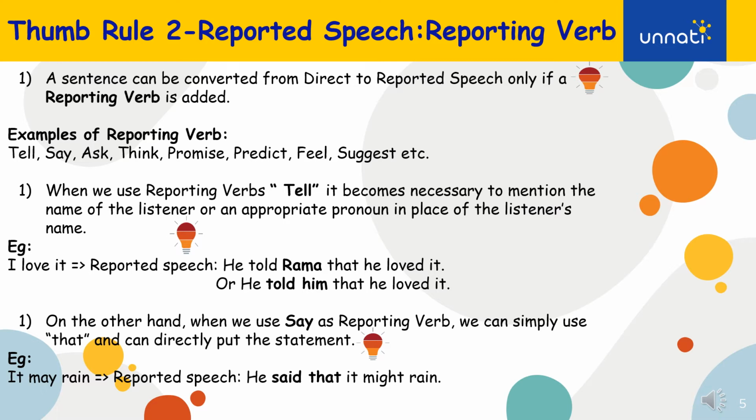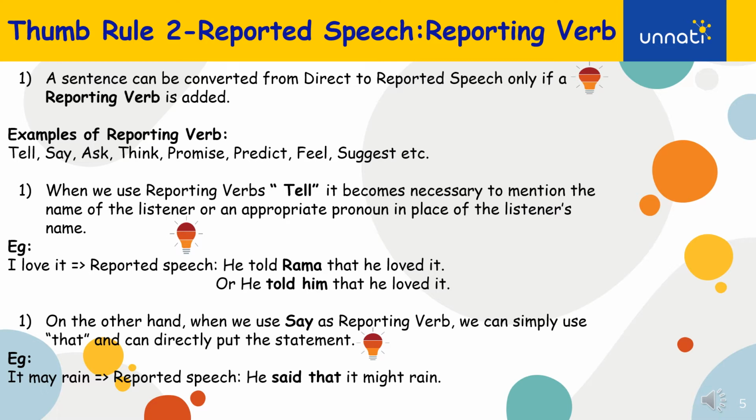Now, if we use the reporting verb tell, it becomes necessary to mention the name of the listener. So we can either use the name of the listener or we use a pronoun in place of the name.